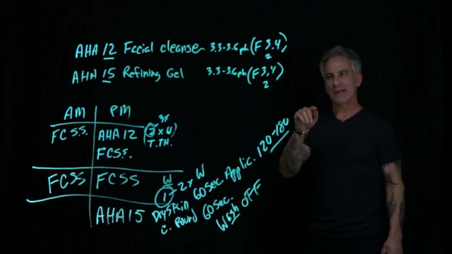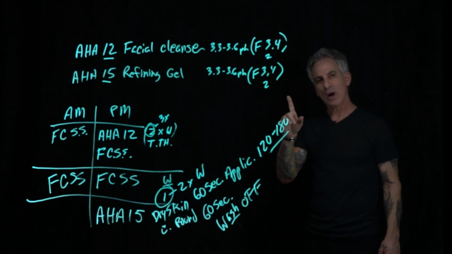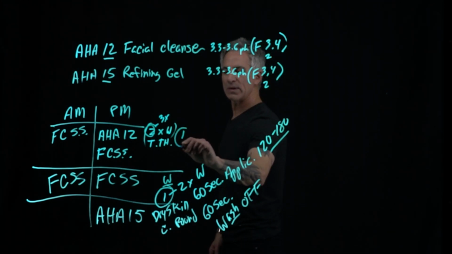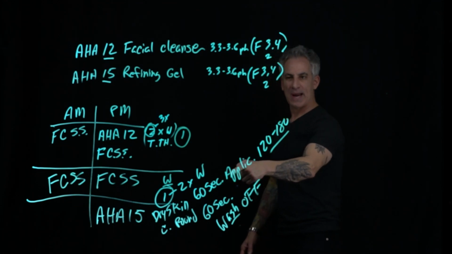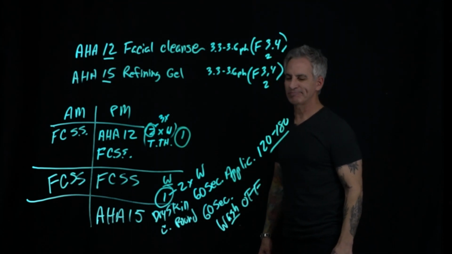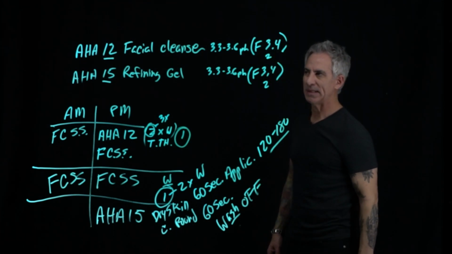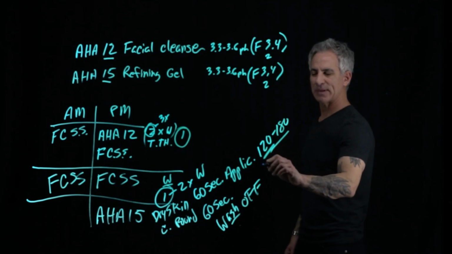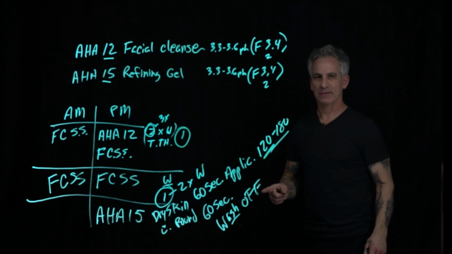What you could do is, on a Fitzpatrick 1 on the small scale, this would definitely be 1 time a week. With an AHA15, that would be using very, very little product, a 120-second application on and off.